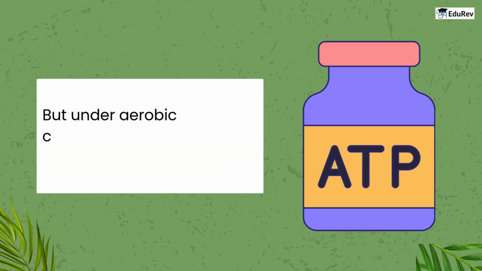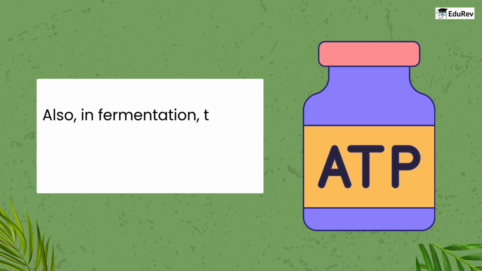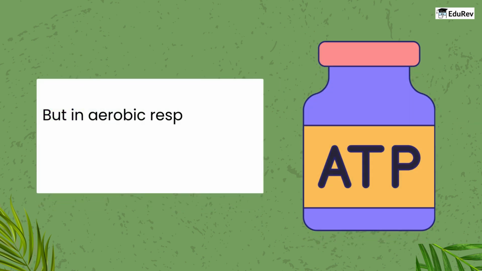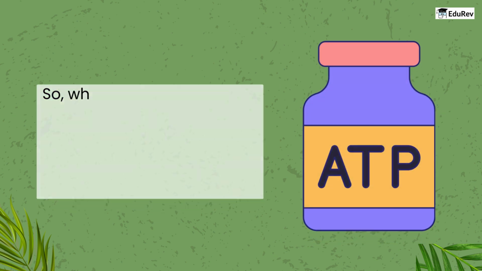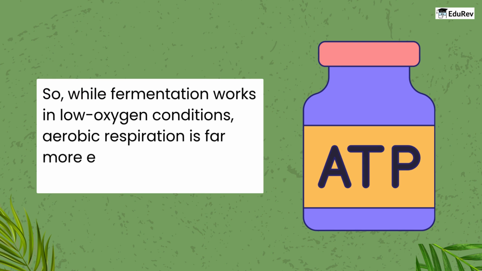But under aerobic conditions, many more ATP molecules are produced. Also, in fermentation, the molecule NADH is slowly converted back into NAD+. But in aerobic respiration, this conversion is quick and efficient. So, while fermentation works in low oxygen conditions, aerobic respiration is far more effective at generating energy.